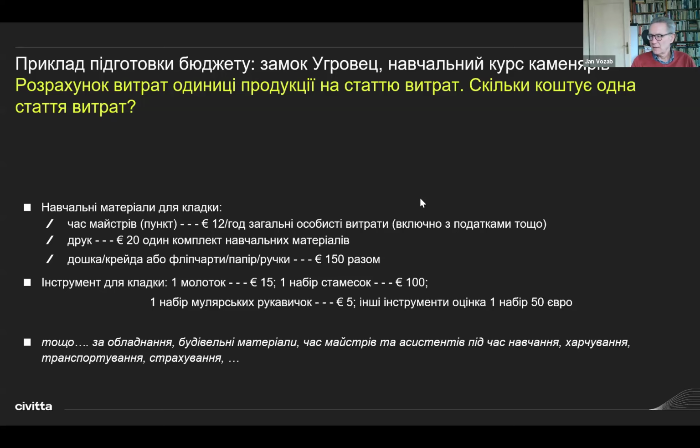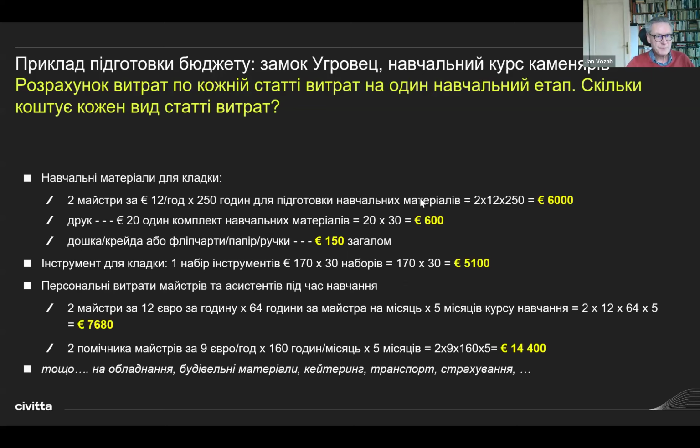So again, you get roughly one price for one set of masonry tools of €50. And the same you do for the equipment, construction materials, and other cost items that have been identified before.